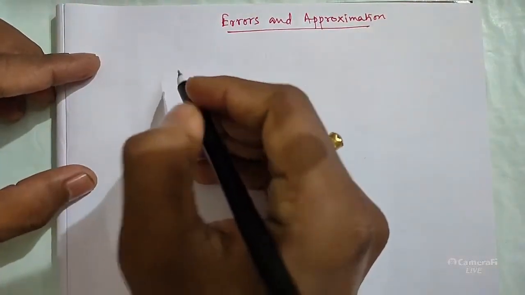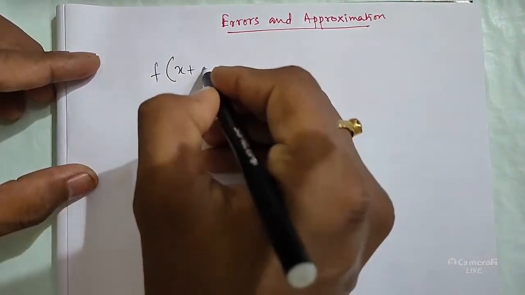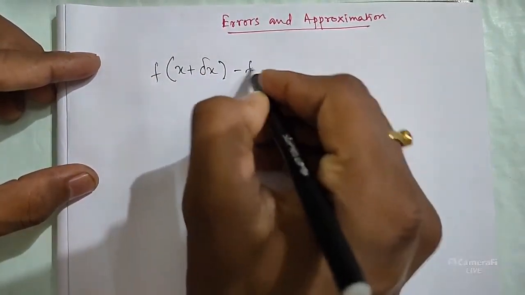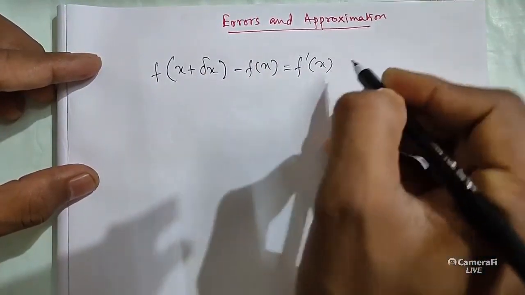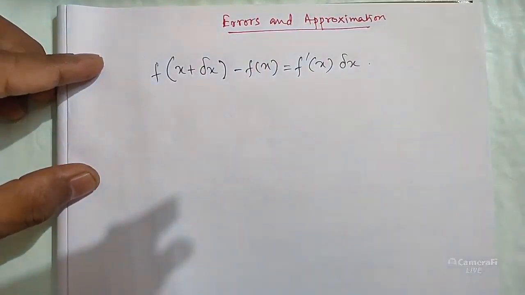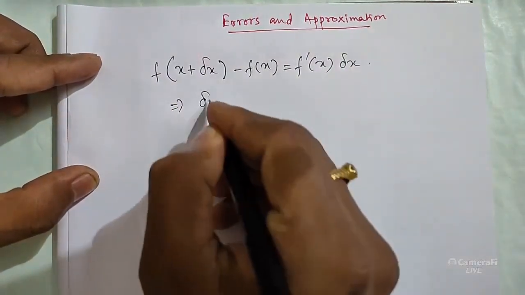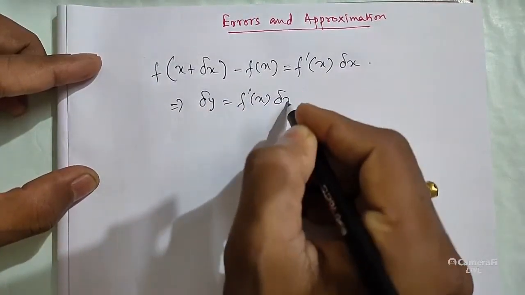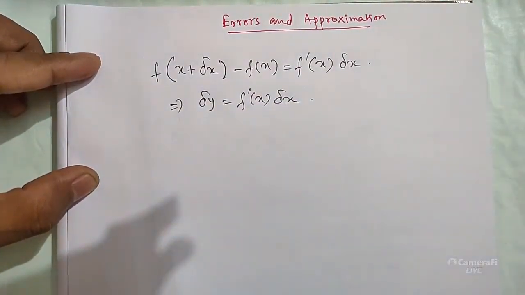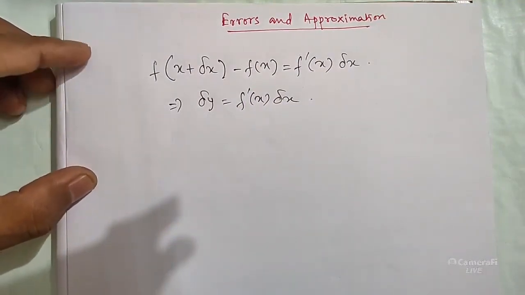So we know that f(x + Δx) − f(x) = f'(x)Δx, or we can say that Δy = f'(x)Δx, where Δx and Δy are known as differentials.